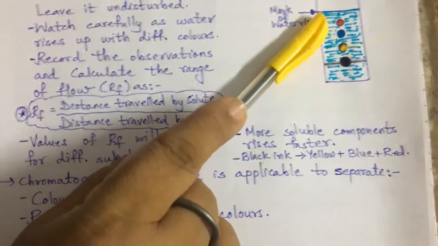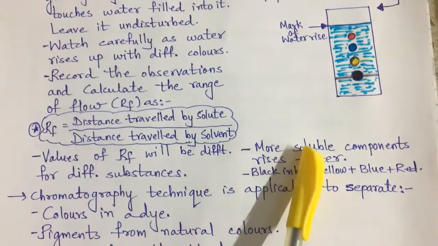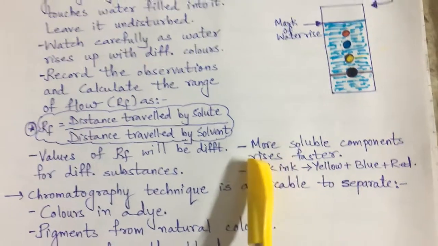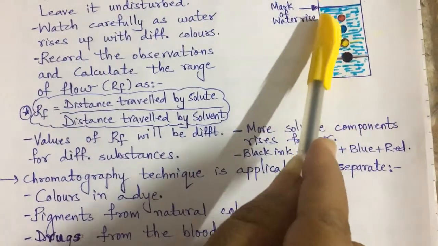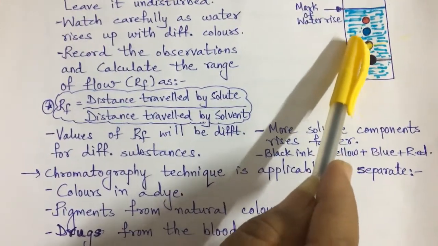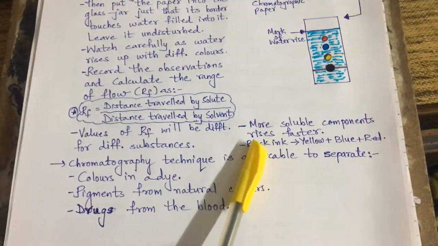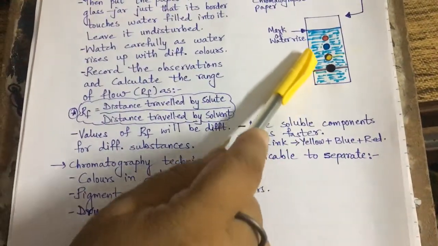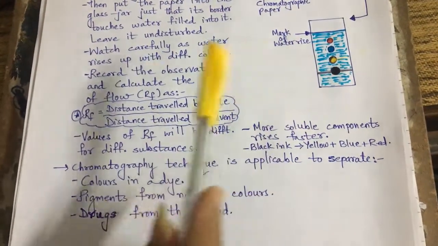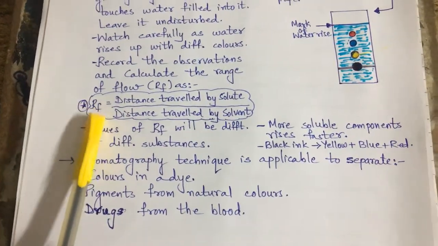Here we can also mention that the more soluble components rise faster with the water up to the upper level, and the less soluble remain at the lower level. In higher classes, the rate of rising of these dyes is also to be calculated, which is calculated by the formula Rf.